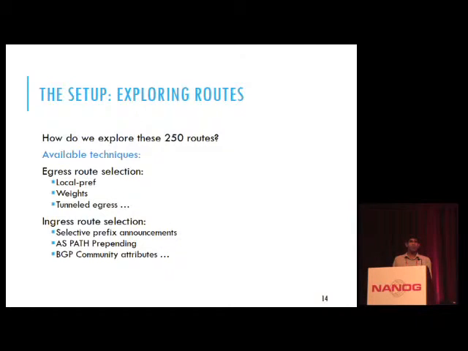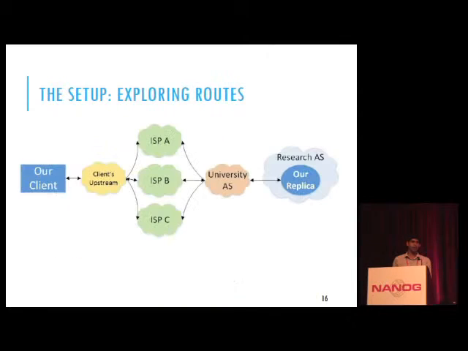The techniques that are typically available are things like setting local preferences or weights or tunnel egress for egress route selection, and stuff like selective path announcements or using community attributes, community peering arrangements, or AS path prepending to affect from where traffic is coming to you, which is ingress route selection. However, our setup does not permit using these, and let me explain why. So this is what it looks like. On one hand, we have our clients, which is a Planet Lab node.